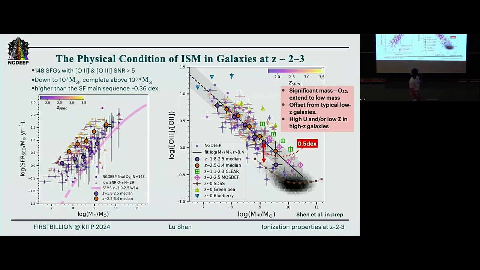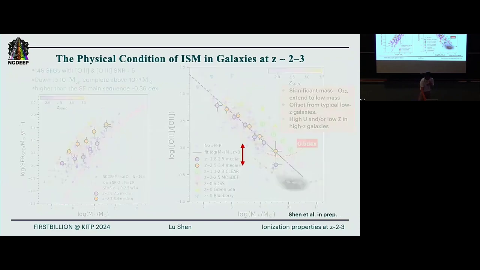We see a very significant relation between mass and O3-2 ratio, extending to very low mass galaxies. We also see a 0.5 dex offset between the redshift 2 galaxies and the local low redshift galaxies, suggesting either high ionization parameter or low metallicity in the high redshift galaxies.